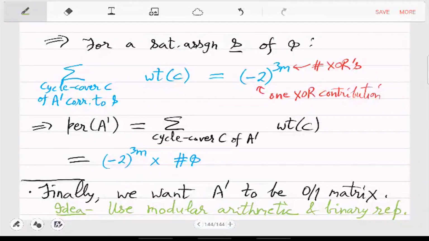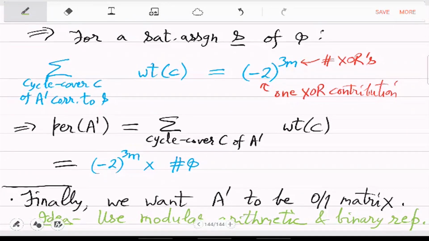Modular arithmetic is needed to handle -1 or -10. Since there is a sign, I can't just use binary representation. I have to also somehow encode the negative sign. So one good solution is that you actually do modular arithmetic. So -10 has a positive representation. Then use its binary representation. Write it down in binary.